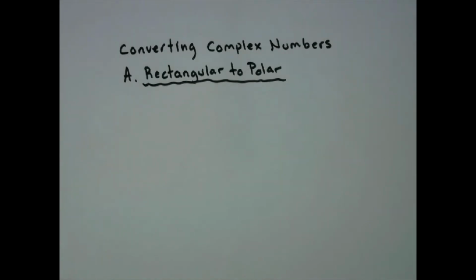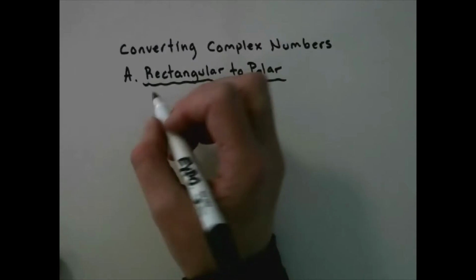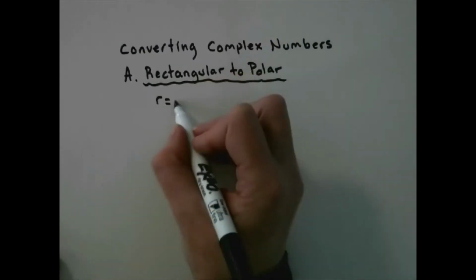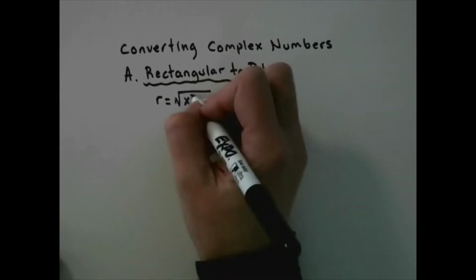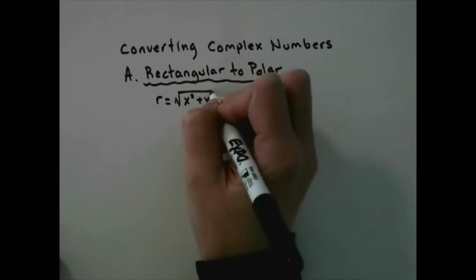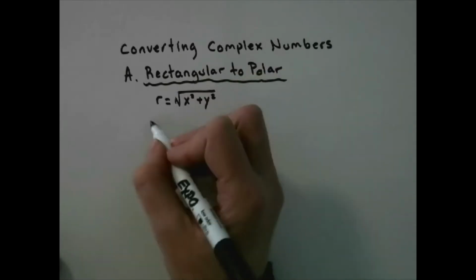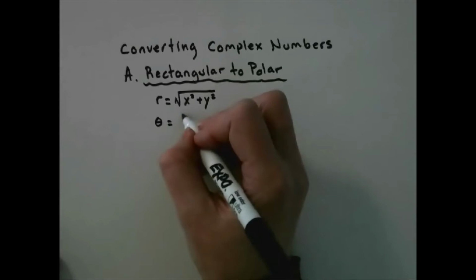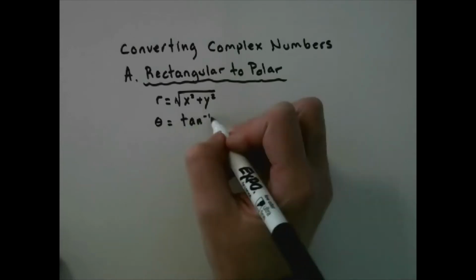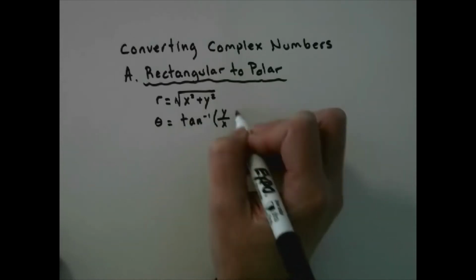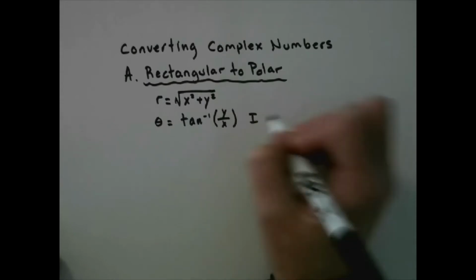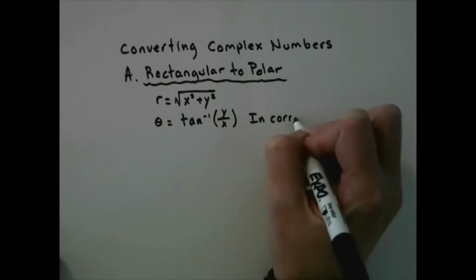So starting with an x and a y and ending with an r and theta. r is going to be the square root of x squared plus y squared, just like it does with the coordinates. Theta is going to be the tangent inverse of y over x in the correct quadrant.